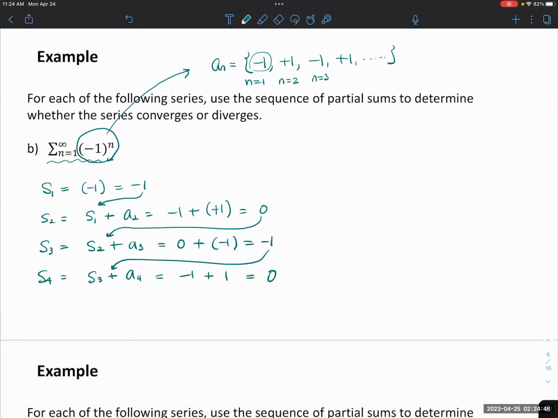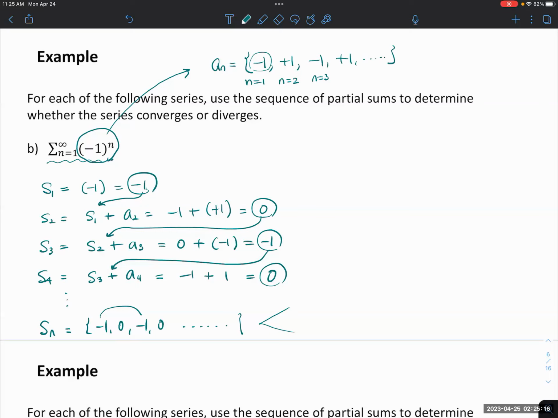So what happens when I keep going? Sn will be, this is the pattern, -1, 0, -1, 0. They keep on going. I want to know whether it is convergent or divergent. But as you see, we have two different directions: -1, -1, -1, 0, 0, 0. Definitely this is not convergent.